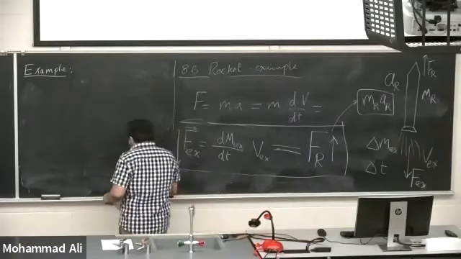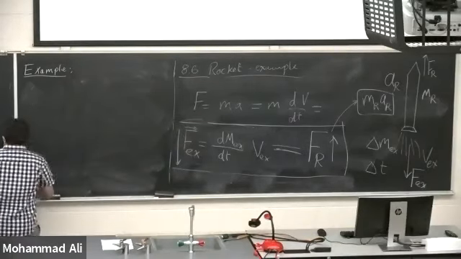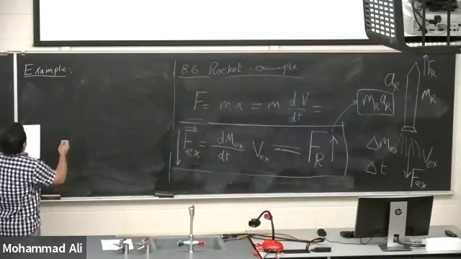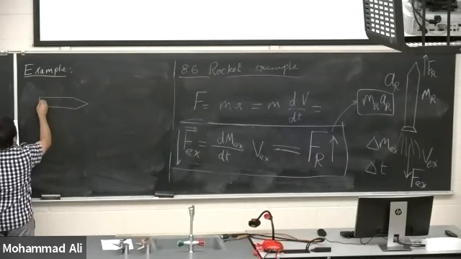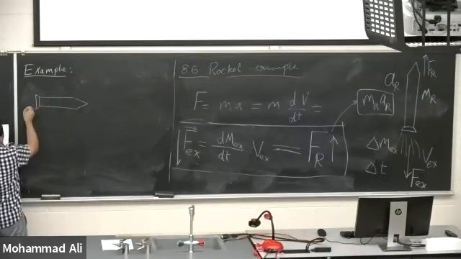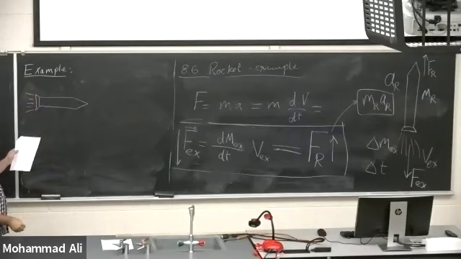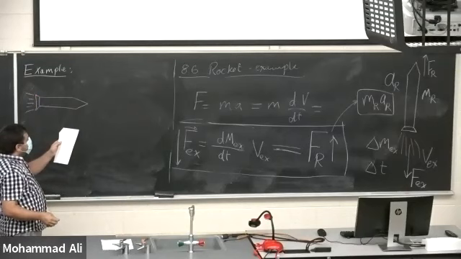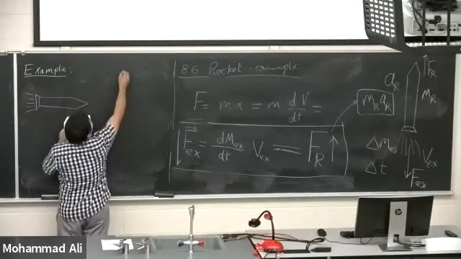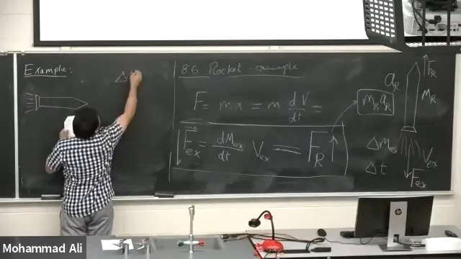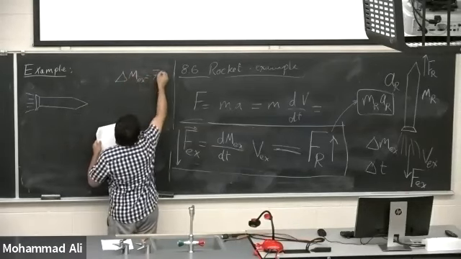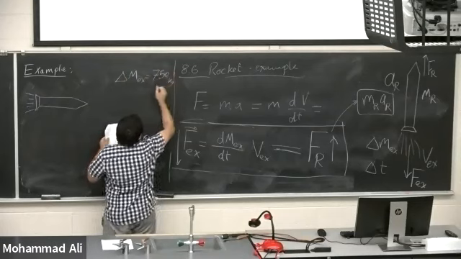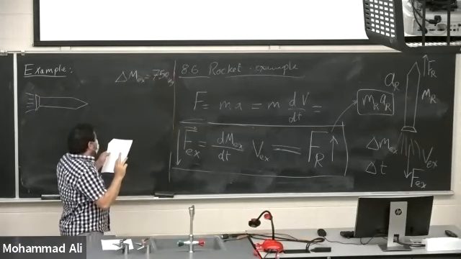Okay. This is our rocket. It ejects exhausted material, so delta M of the exhausted material is equal to 750 kilograms every minute.